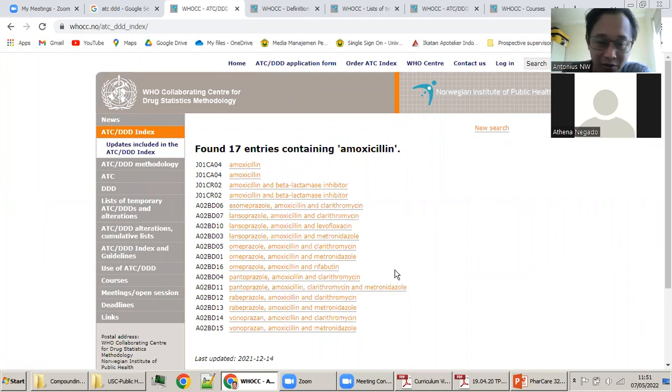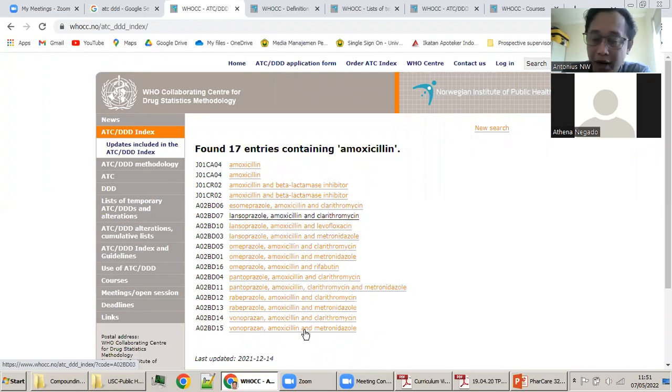So this is actually amoxicillin combined with proton pump inhibitors, as well as other antibiotics, mostly clarithromycin or metronidazole, as well as levofloxacin. So they are macrolides, except the metronidazole.